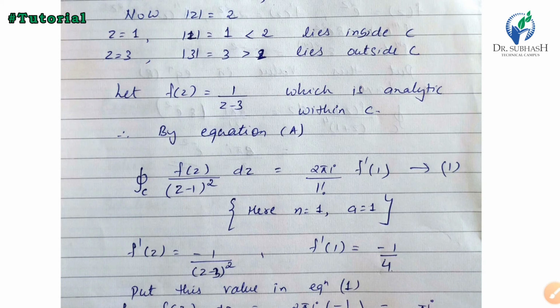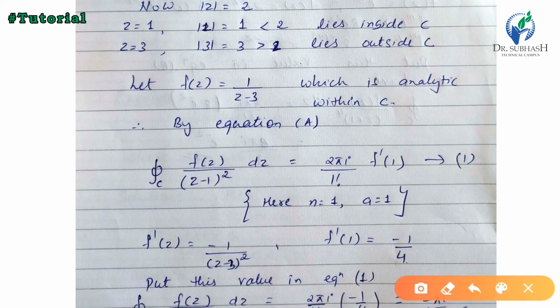And this 2 can be written as 1 plus 1. So here n is equal to 1 and the point z equal to 1 is inside C, so a equal to 1. So by using the formula for nth derivative, we have 2 pi i upon 1 factorial f'(1).